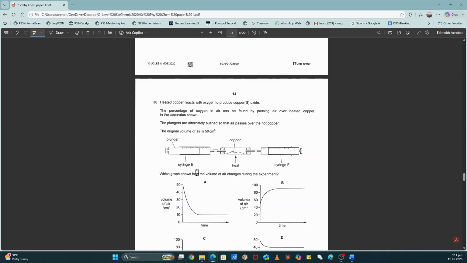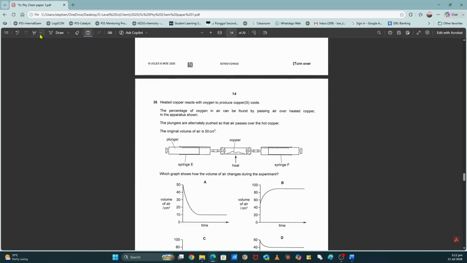Okay, this one is a typical tricky question. The figure of sign. Origin of air is 50, but what you need to know, the important thing is the normal air contains 21% of oxygen. So in this case, when copper is heated here, all the oxygen here and here is used up.